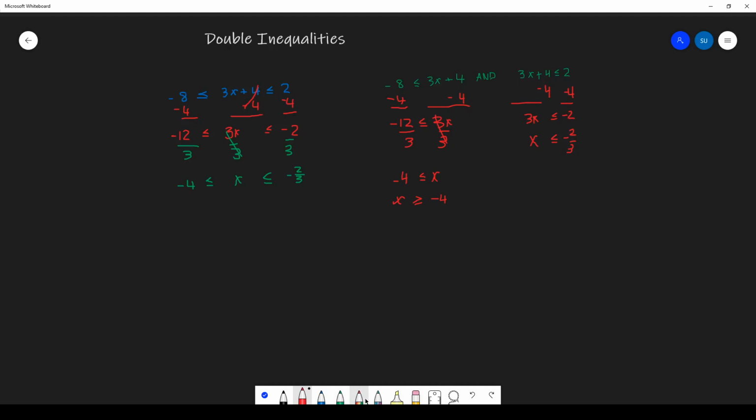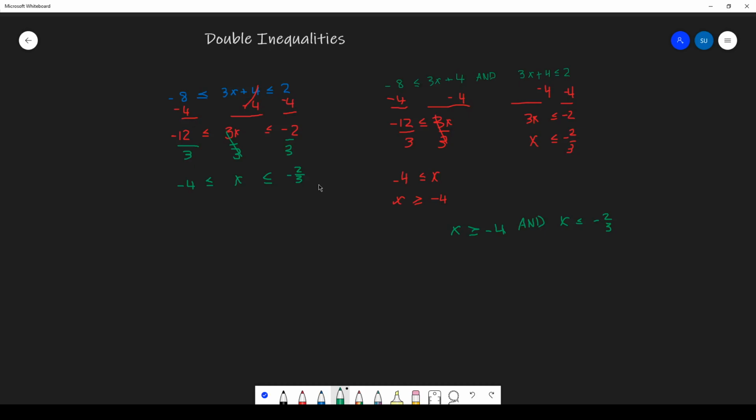So right now what we're trying to satisfy is x is greater than or equal to negative 4, and x is less than or equal to negative 2/3. We have to see which range of solutions can satisfy both of these at the same time.